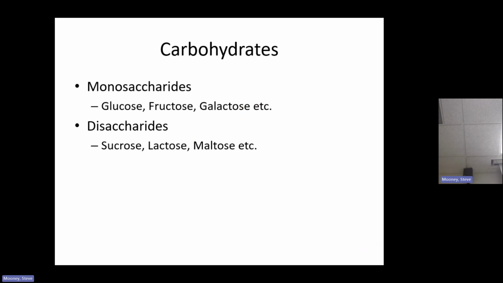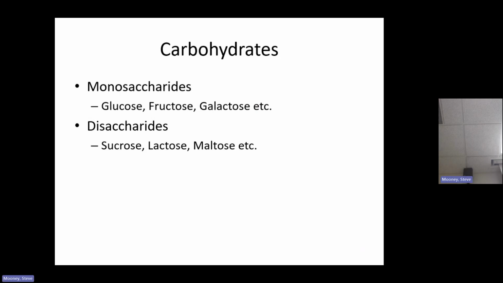Next step up is we take 2 sugars and stick them together. We get disaccharides. Sucrose. Does anybody know what sucrose is? Table sugar, what we have on our table.